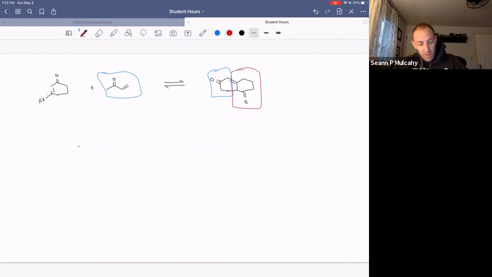How do we do that? We're going to take these lone pairs. We're going to take the double bond, right? And we're going to attack that beta position. Electrons are going to move in this direction.